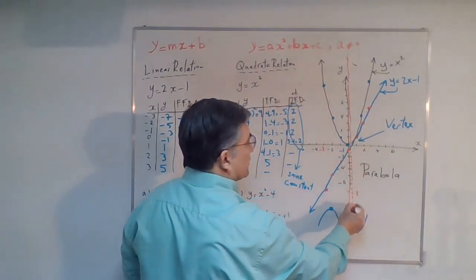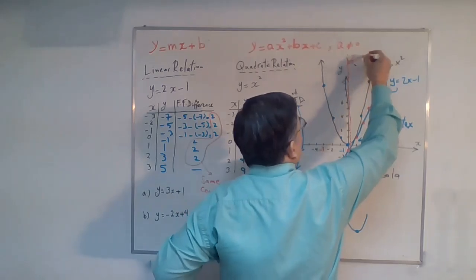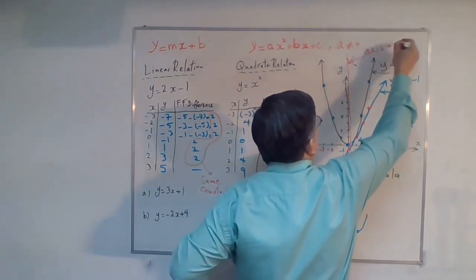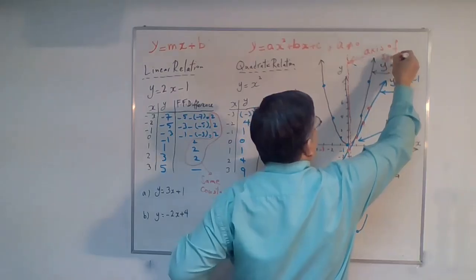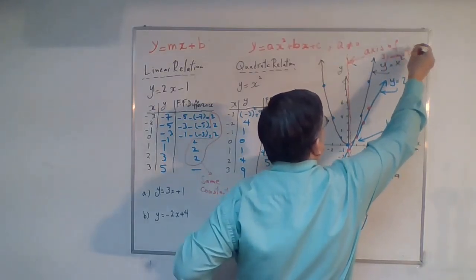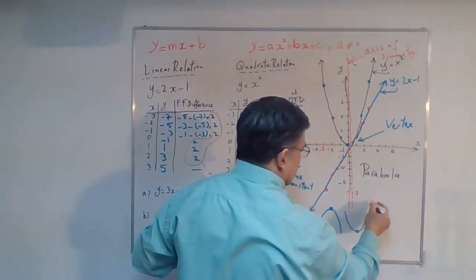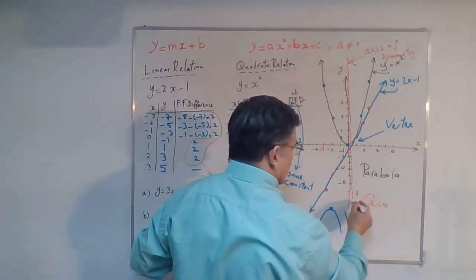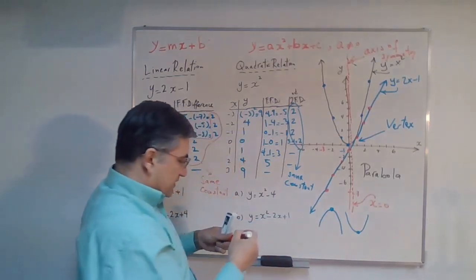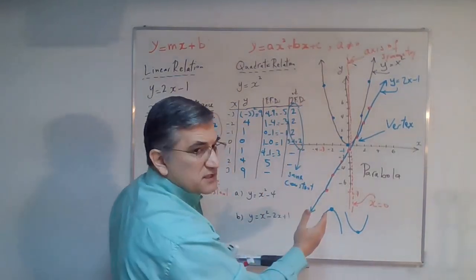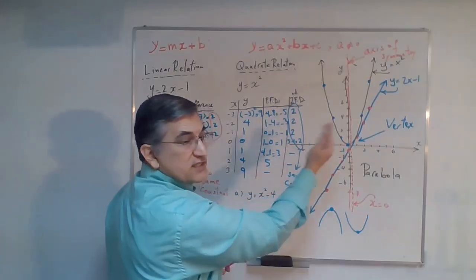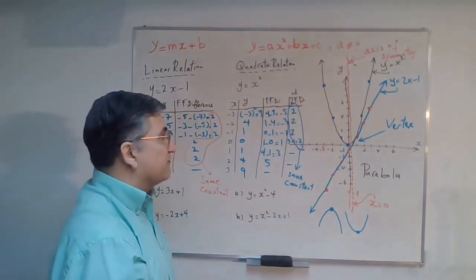I just draw it here. The equation is, of course, x equals 0. It's the equation of the y-axis, basically. And this axis of symmetry passes through the vertex and cuts the parabola in half.